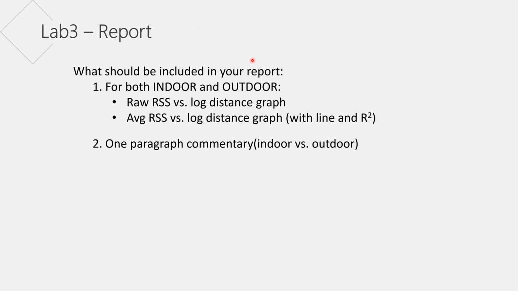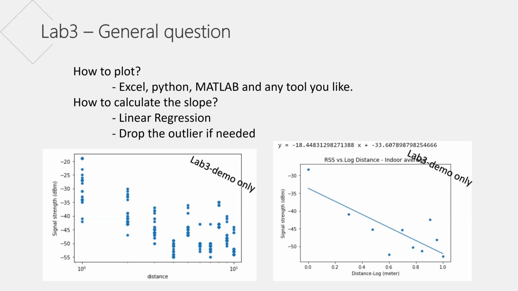Let's go to the next one, the report. What should we have in the report? We should have the raw RSS data and the log distance graph. I can show you on the graph. It's something like this.